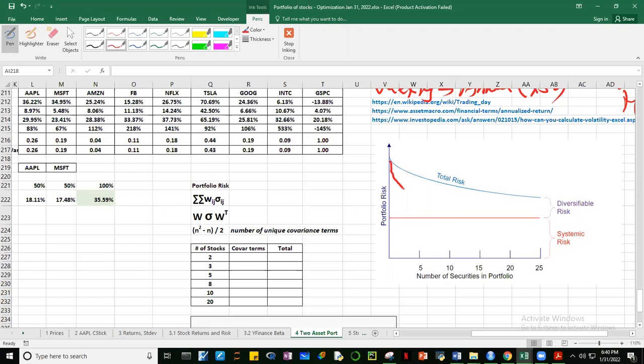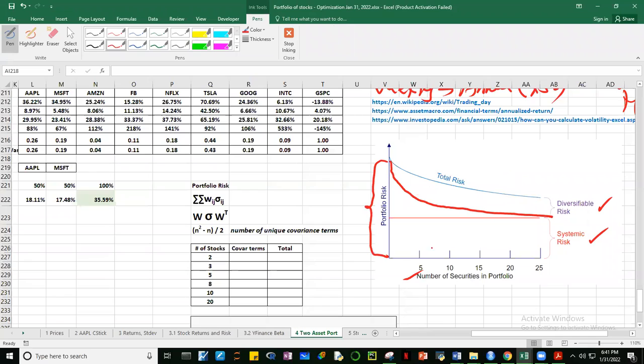So if you notice, guys, yung portfolio risk natin, the more we add stocks, ito, number of securities, the more the portfolio risk goes down. And in this diagram, ito yung total risk, yung portfolio risk natin. But the total risk or portfolio risk can be classified into two. This one, diversifiable risk, and this one, systematic risk.